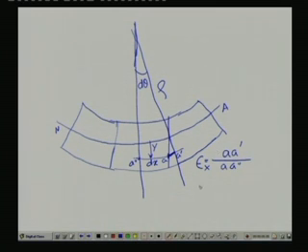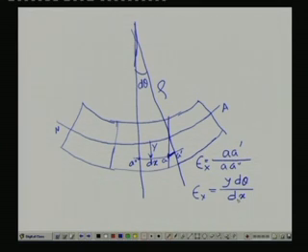So, the strain of this particular fiber at this distance can be written as y d theta divided by dx. Again, this y d theta is an increment, and what is the relationship between d theta and dx?